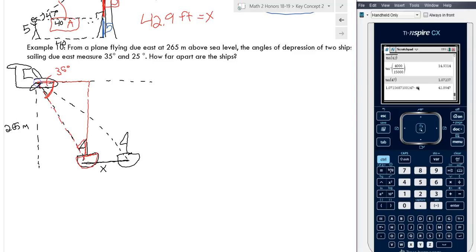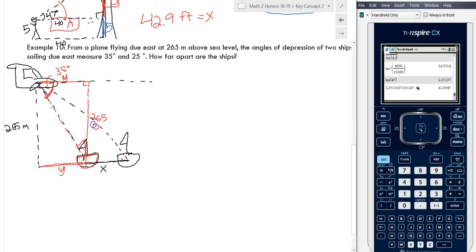If I draw that right triangle, all I know is that the height is 265. Now I want to find out the horizontal distance between these two ships. So I'm going to assume the horizontal distance here is going to help me. So I'm just going to put a y there, because we already have our x here. So just use a different variable.